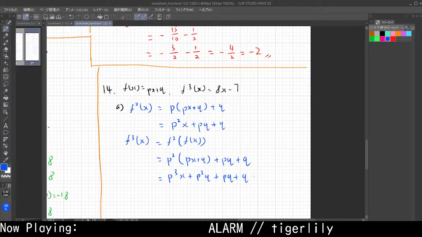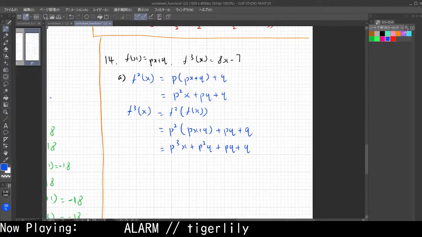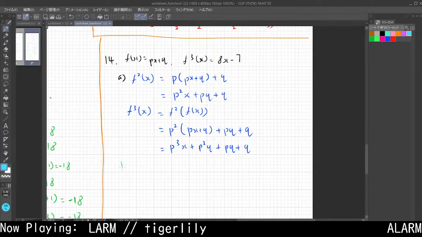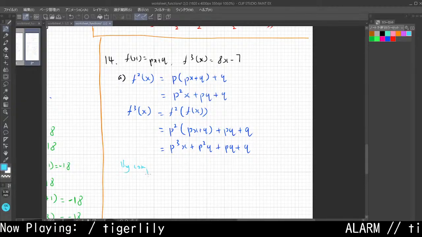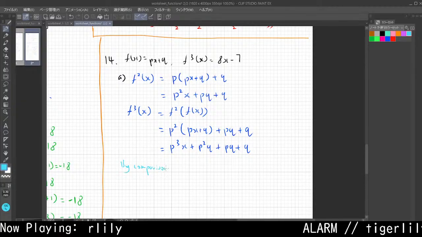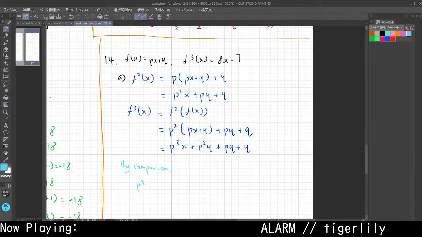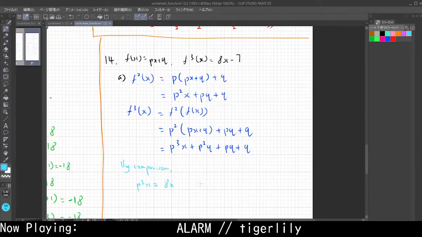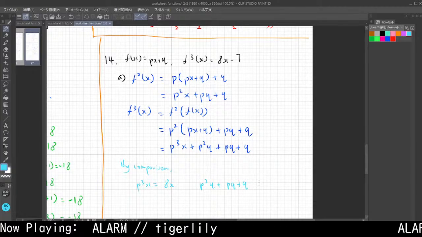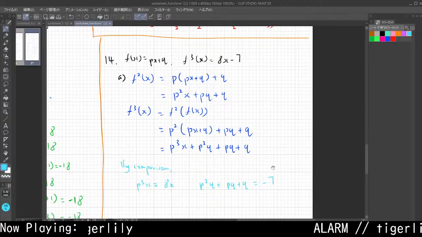This is equal to 8x minus 7. So compare: x with x, p cube x with 8x, and then p square q, the non-x with non-x, so this entire thing compared with -7.